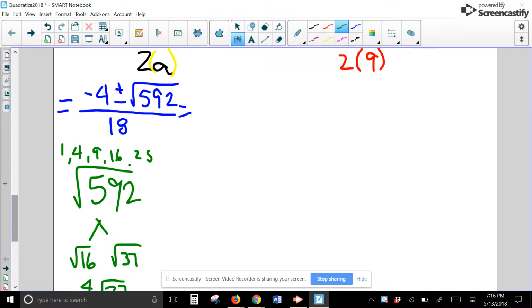Okay, so continuing on, we have negative 4 plus or minus 4 radical 37 divided by 18.